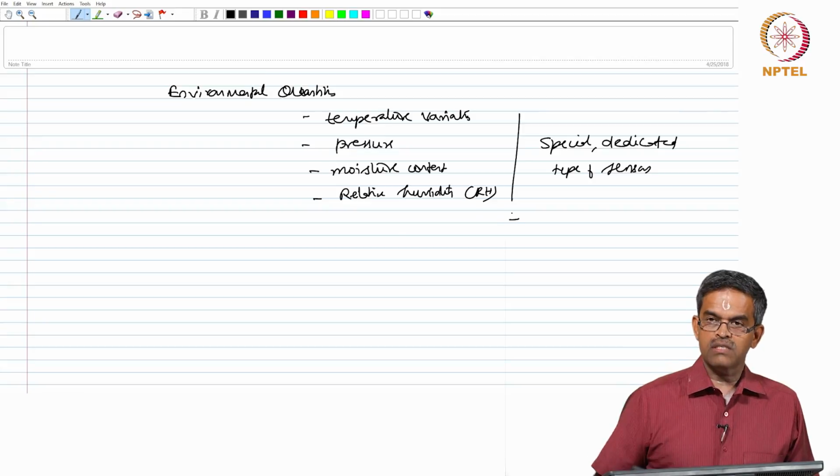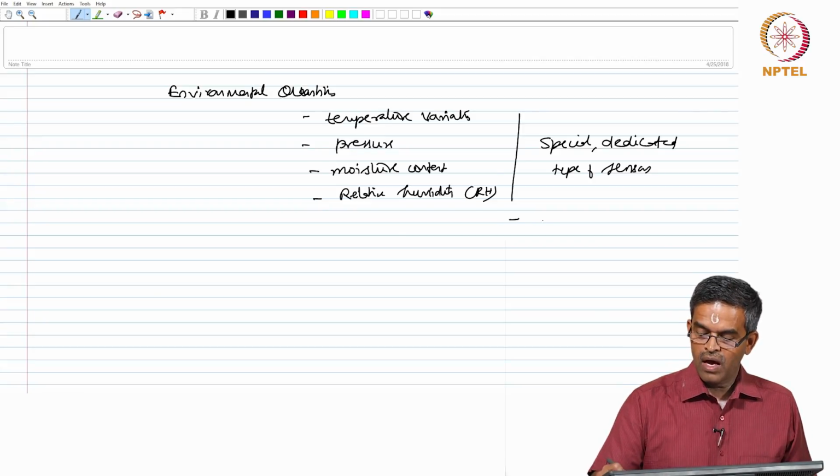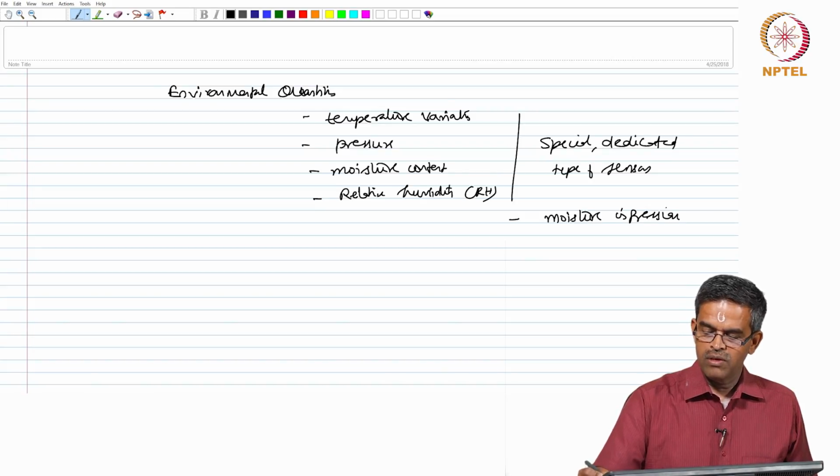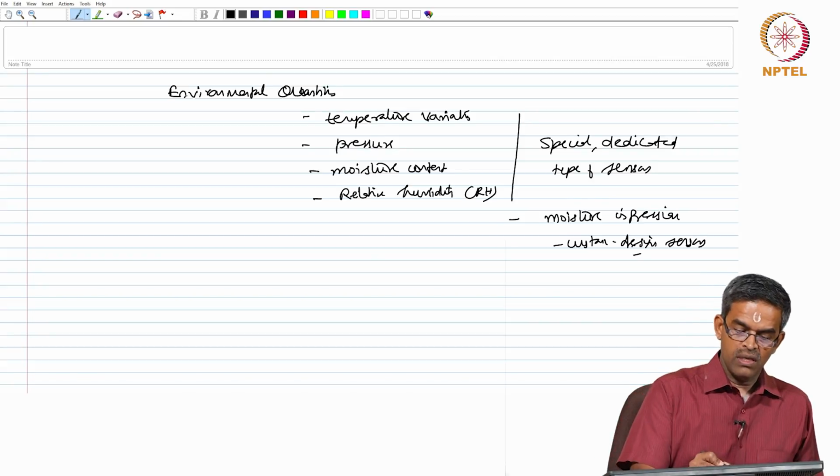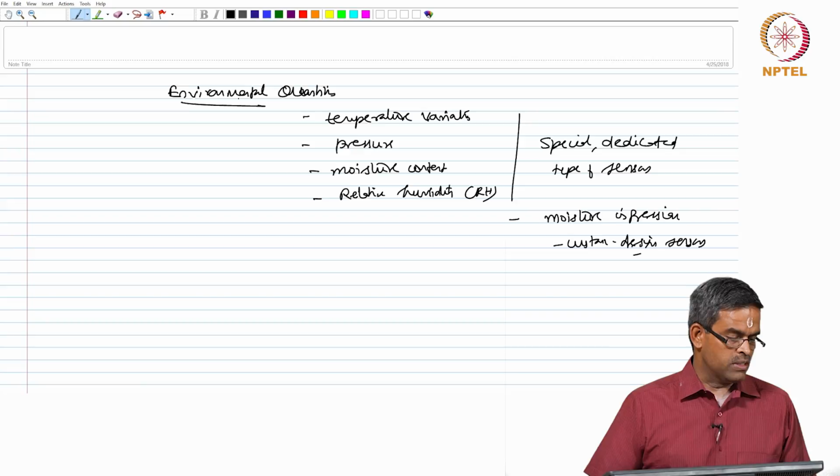In the last lectures, we said how the moisture ingression can be captured using custom designed sensors. So, there are special types of sensors which are used to measure environmental quantities.